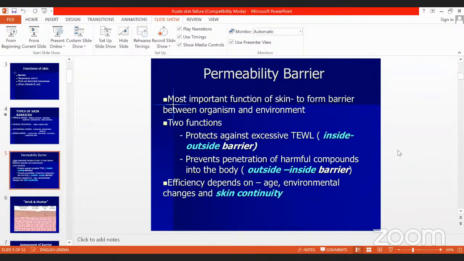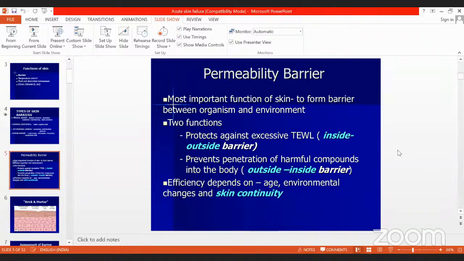Now, the permeability barrier is the most important function of the skin because it forms a barrier between the organism and the environment. Organism, I mean the patient in this case. There are two primary functions of this permeability barrier. Very simply put, you can remember it as it prevents what is outside from getting in and prevents what is inside from going out.